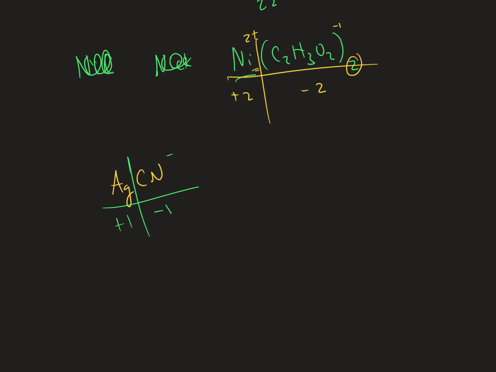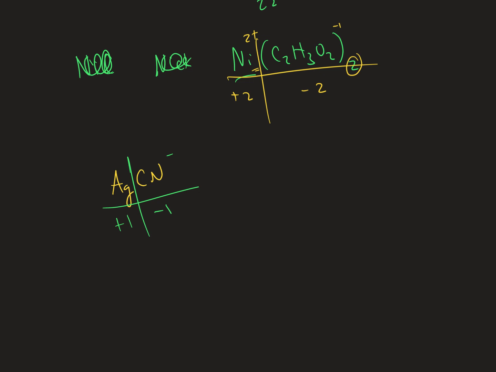So this one we could call silver 1 cyanide, but silver is always +1. Silver's kind of an exception. But again, if you don't want to memorize those exceptions, then call it silver 1 cyanide. That would be okay. Well, as far as in my mind, it's okay. I don't think that one is on the test for you to actually know that.